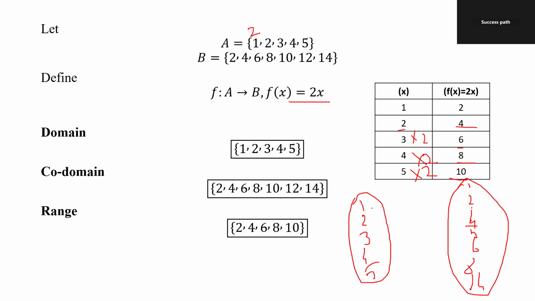So 1 we connect with 2, 2 with 4, 3 with 6, 4 with 8, and 5 with 10. So the domain is this one, the codomain is this one, and the range will be this one. Actually, here the codomain they have given like this, for example, even numbers only.